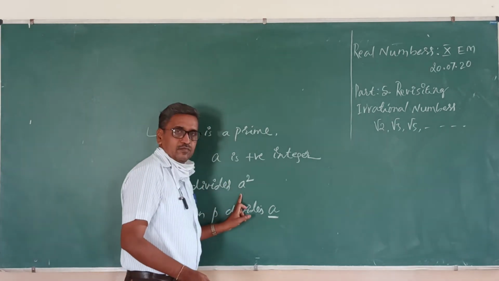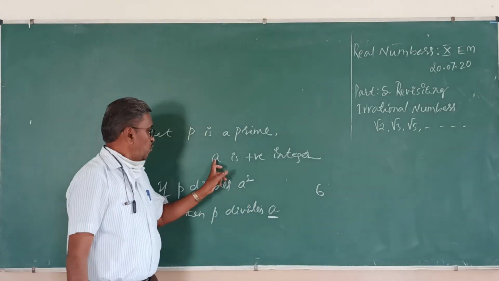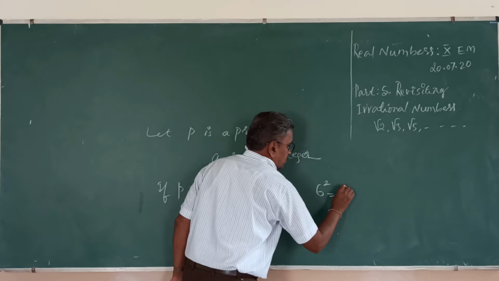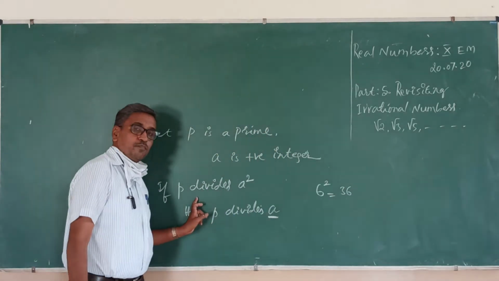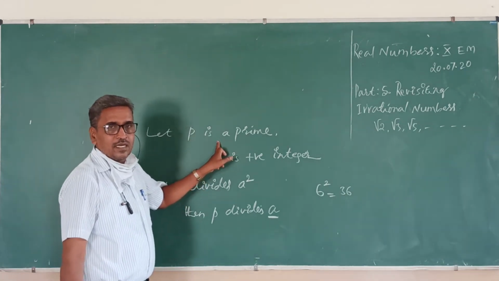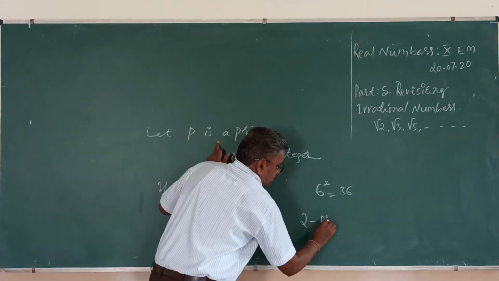What is a square? For example, 6 is a positive integer, so 6 square is 36. P is prime. 2 is a prime number.